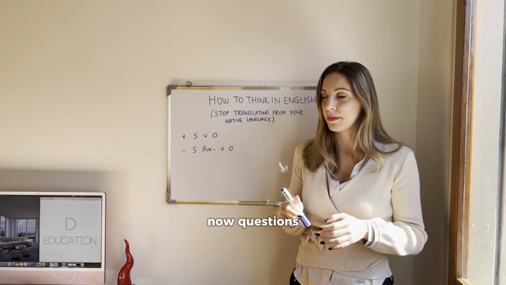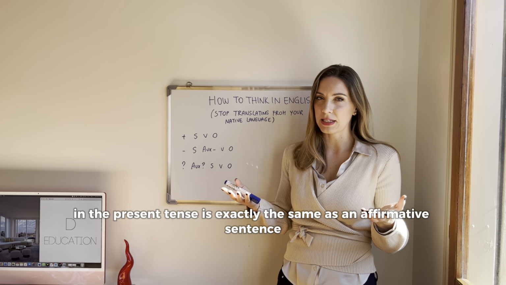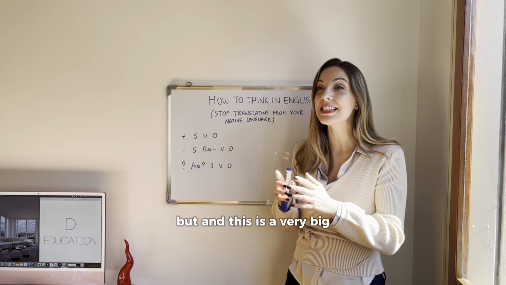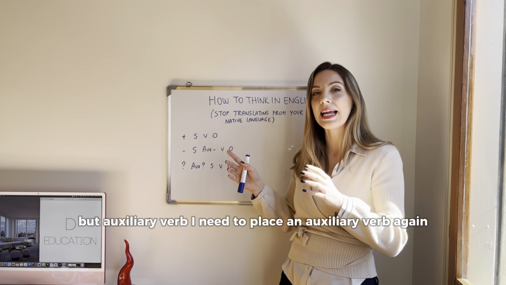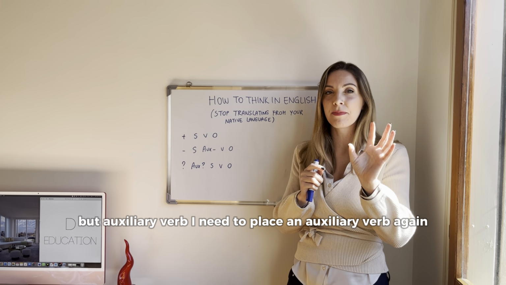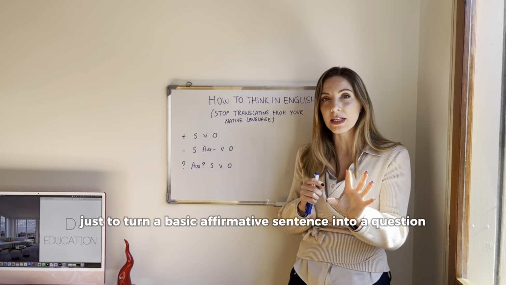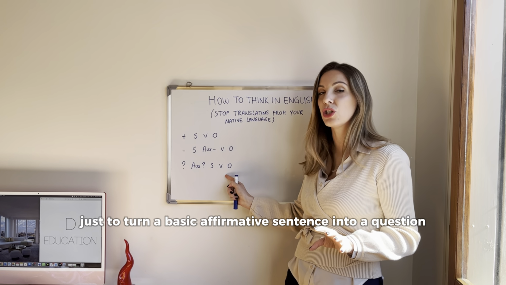Now, questions. So in English, the way to ask a question in the present tense is exactly the same as an affirmative sentence, but, and this is a very big but, auxiliary verb. I need to place an auxiliary verb, again, a word whose function is just to turn a basic affirmative sentence into a question.